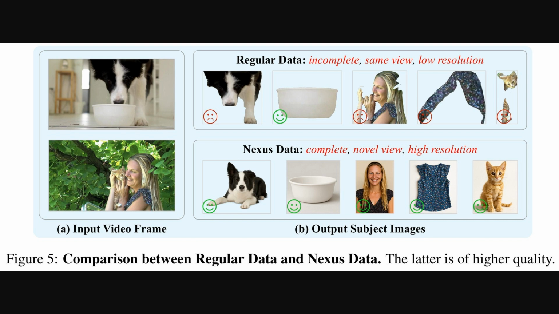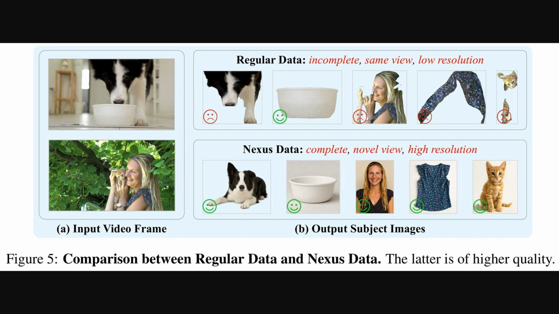Okay, so building directly on that idea of regular data versus Nexus Data gives us a really clear visual comparison. On the left, in Part A, we see some example input video frames. Then, Part B shows the output subject images. The top row illustrates regular data. You can see how these extracted subjects, like the dog's head or the person's face, are often incomplete, maybe a bit low resolution, and typically from the same viewpoint as the original frame.